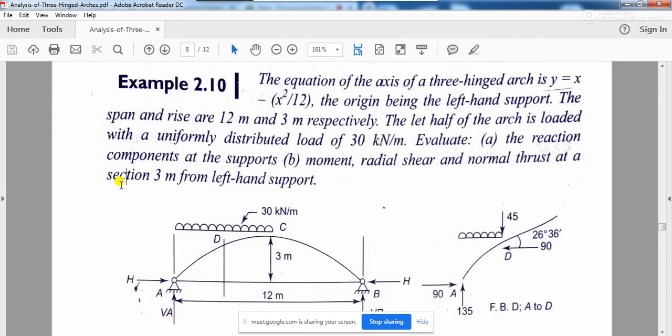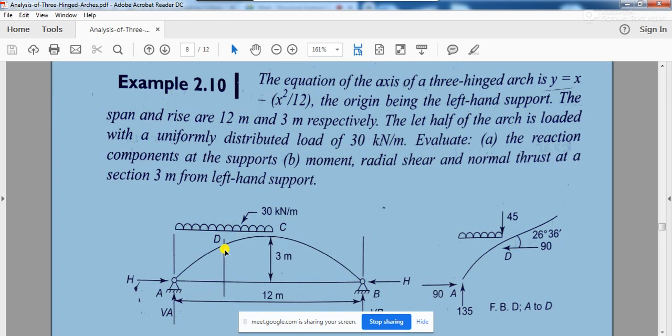You will have to find it out at a section 3 meter from the left hand support. This A is your left hand support, so somewhere from this left hand support to a distance of 3 meters, this distance is your 3 meter.